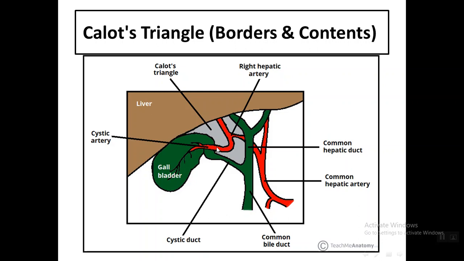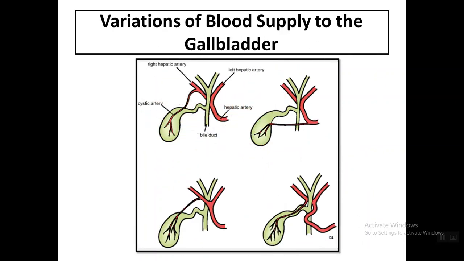That is, during gallbladder removal operations, ligation of the cystic artery and ligation of the cystic duct are performed to carry out cholecystectomy. There are certain variations of blood supply to the gallbladder. It might be variable.